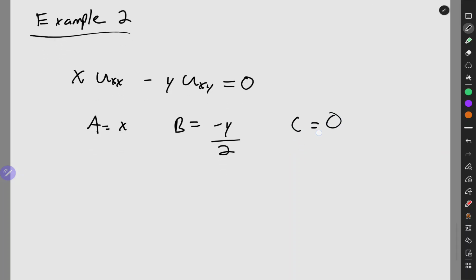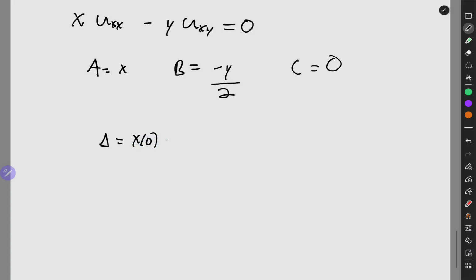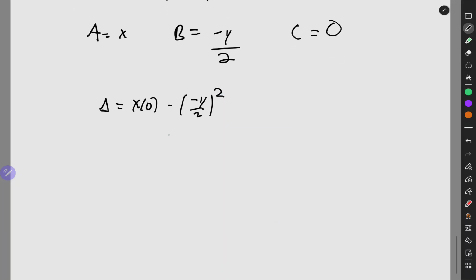Our c is 0. The discriminant is x times 0 minus negative y over 2 squared. That is negative y squared over 4, which is less than 0.